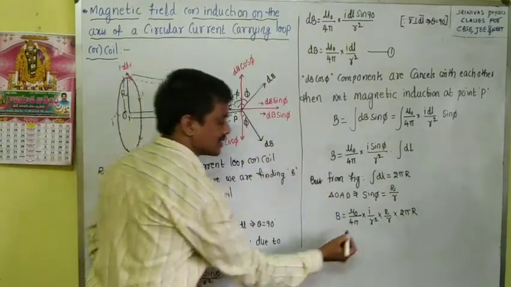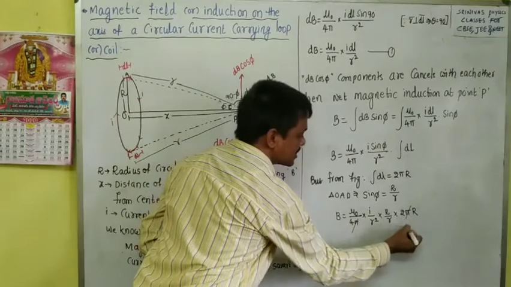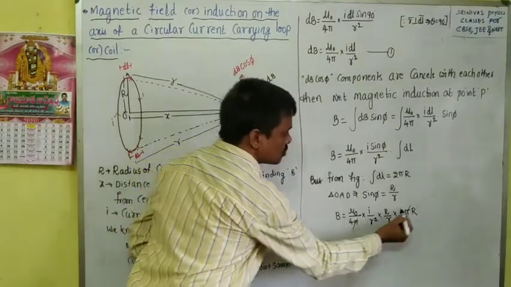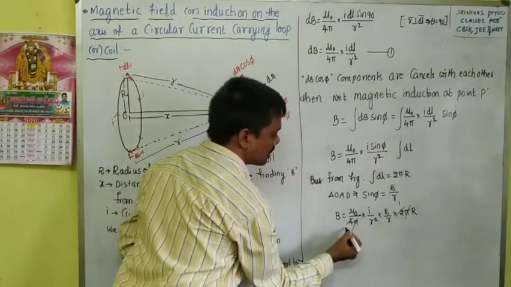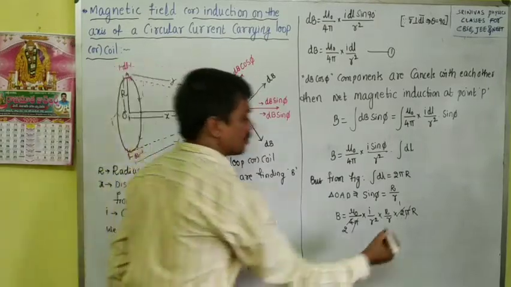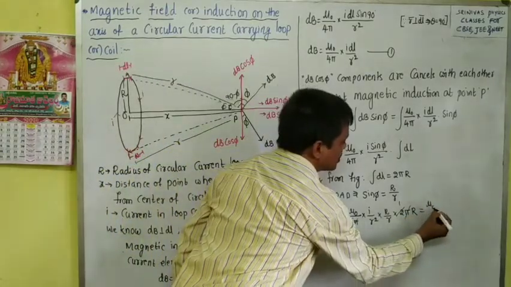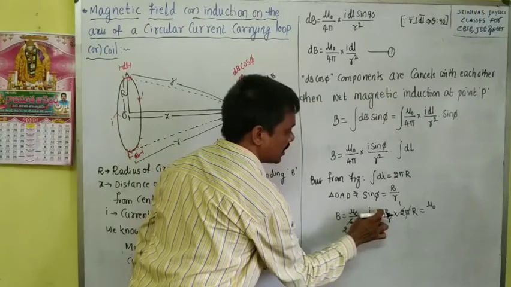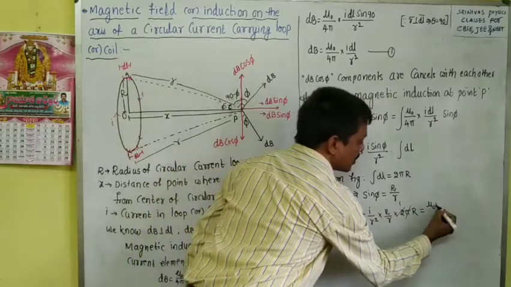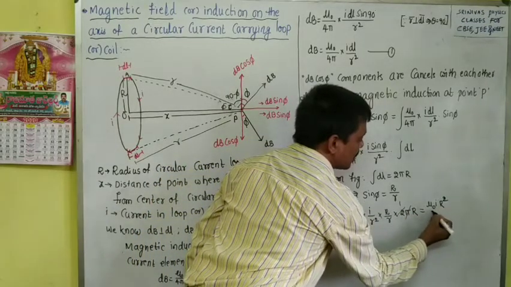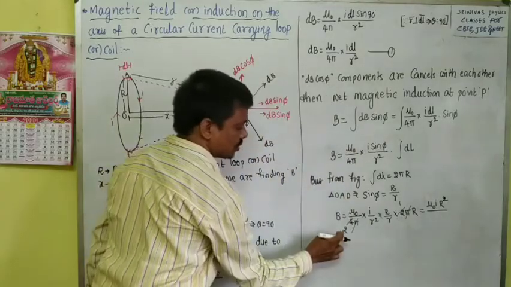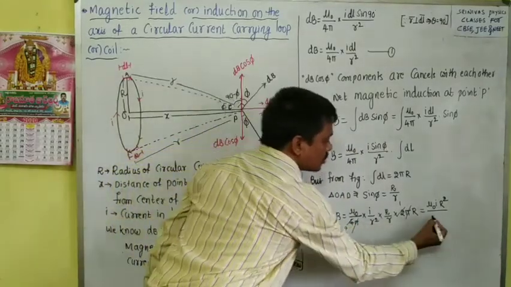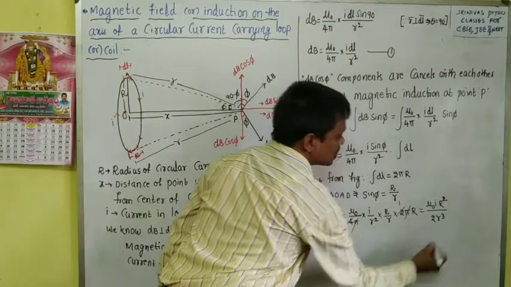The pi cancels, and 2 by 2 gives 1. Then we get mu naught I R square by 2 R cube.